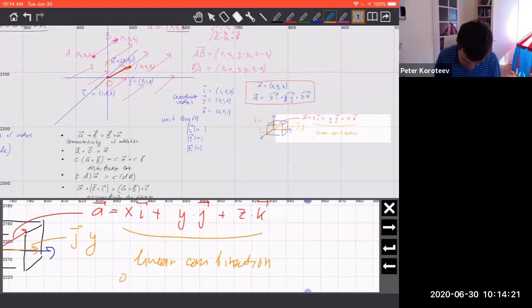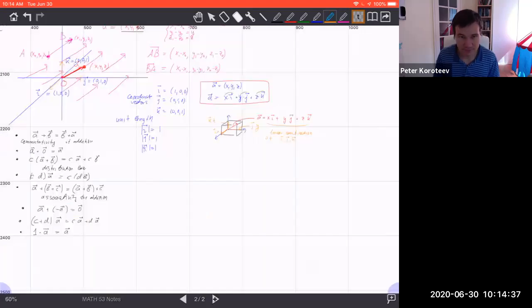So it's a linear combination of vectors i, j, and k. Linear means basically it's the sum of those vectors with some coefficients. That's what linear combination stands for. Are there any questions about this?